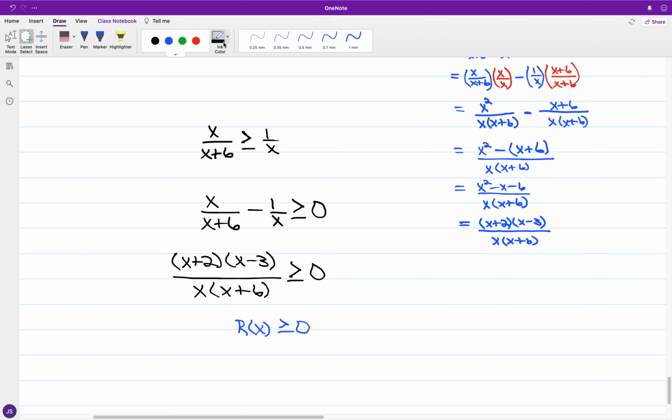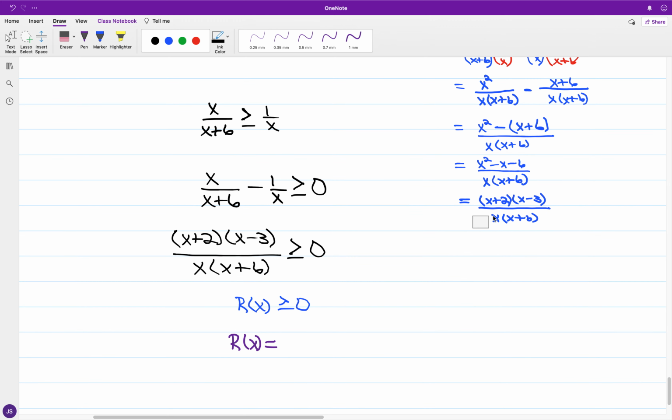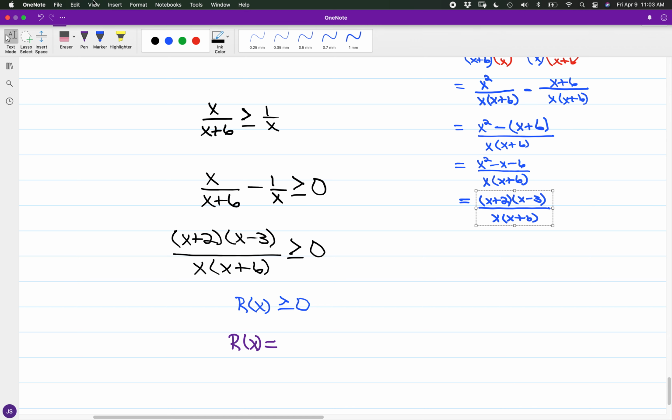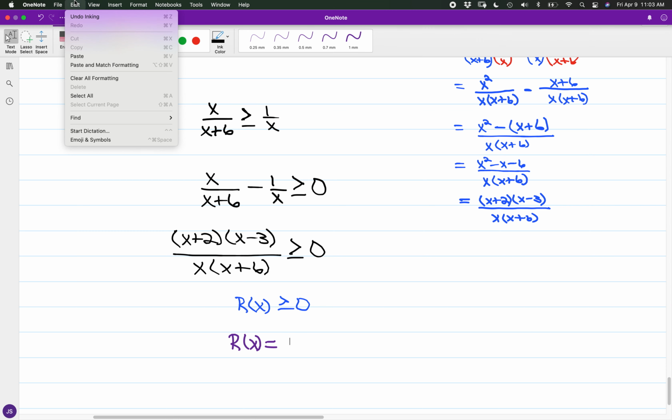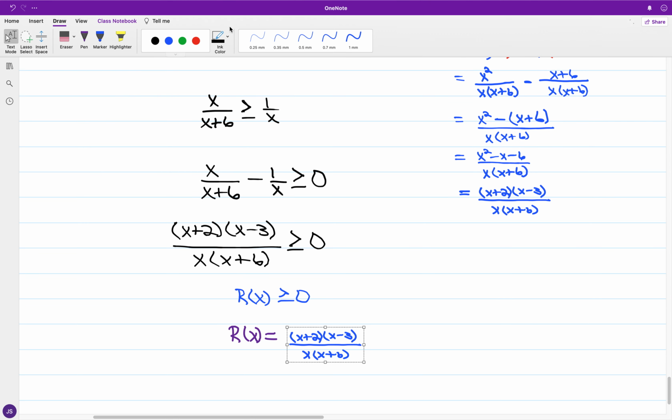So you have R(x) equal to this ratio of terms.